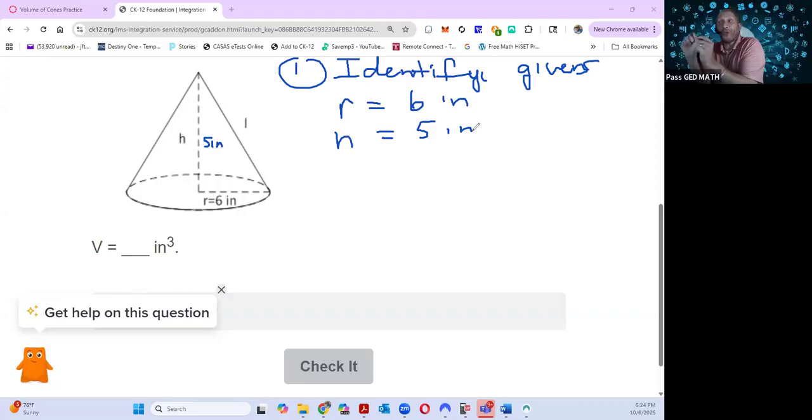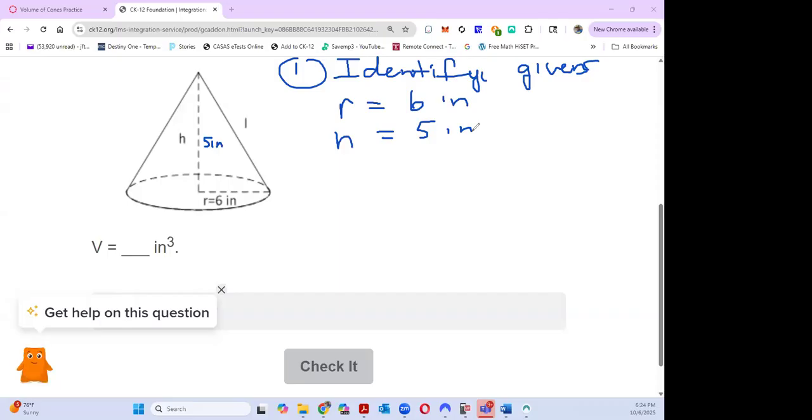But what's the third given that's not in this problem that we can go to our formula sheet for? Volume is 1/3 pi.